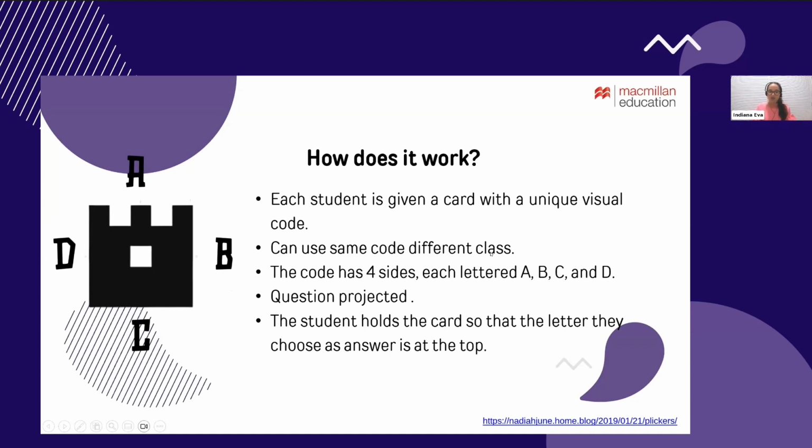The code has four sides with A, B, C, D. A question is projected, and then the student holds the card up with the letter that is their answer at the top, because the teacher has a mobile device which scans those codes, which I'll go into in more depth later.